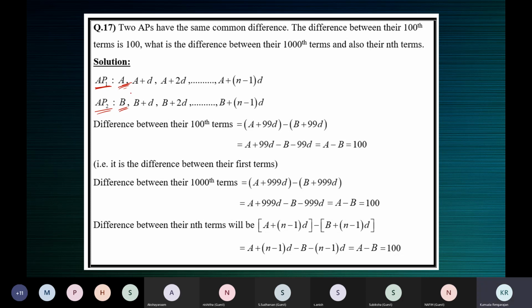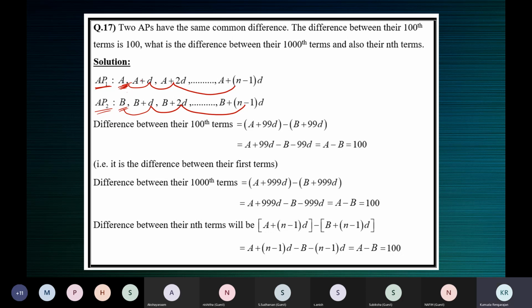For the first AP, the first term is A, the second term is A plus D, then A plus 2D, and like that A plus n minus 1 into D is the nth term. For the second AP, the first term is B, then B plus D, B plus 2D, up to B plus n minus 1 into D.